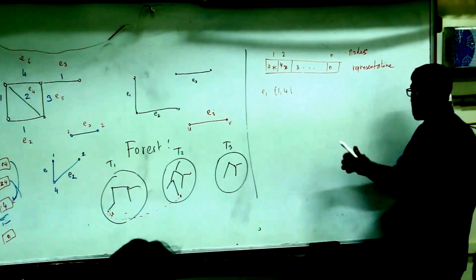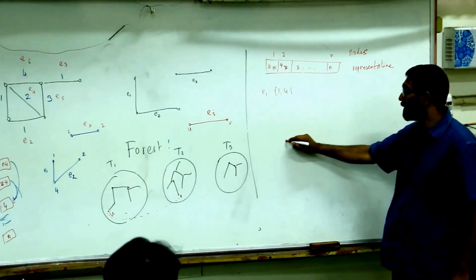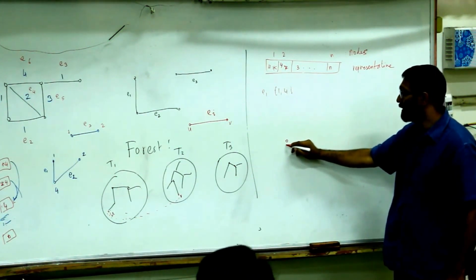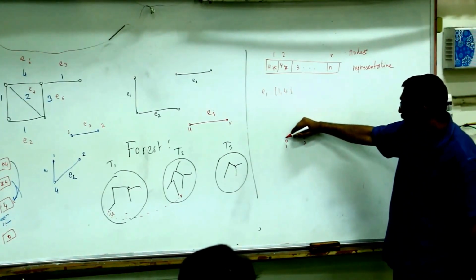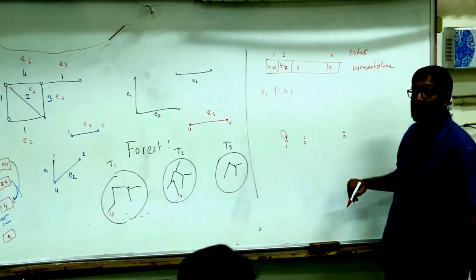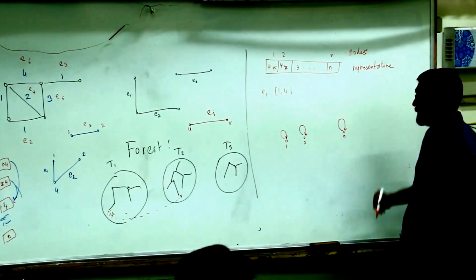Okay, we can represent this pictorially. Instead of thinking of an array, we can represent it pictorially as, starting with a set of nodes 1, 2 up to n, each pointing to its representative. You can use an arrow and say each one points to its representative.